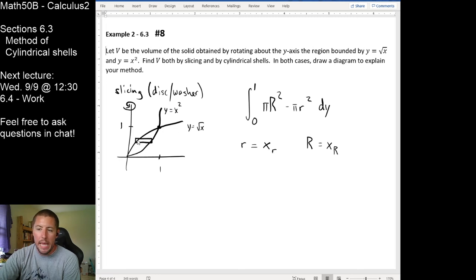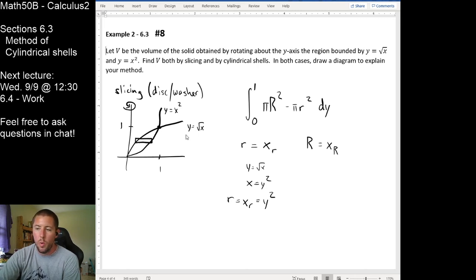Notice my inner radius, the smaller of the two x values, lowercase r, is based on the y equals root x function. So in that case, this x and this x are the same. So I want to think about y equals root x as x equals y squared. And so x sub r is y squared. Right? That's because I flipped this equation basically.